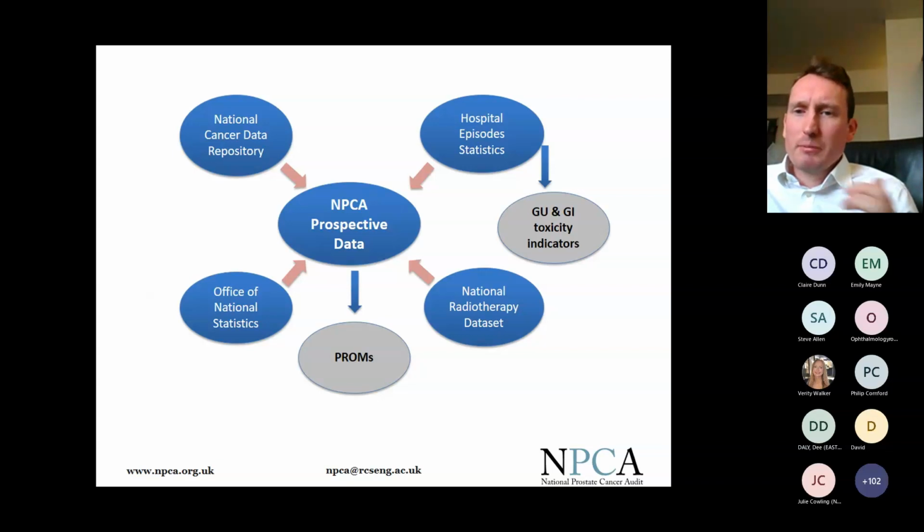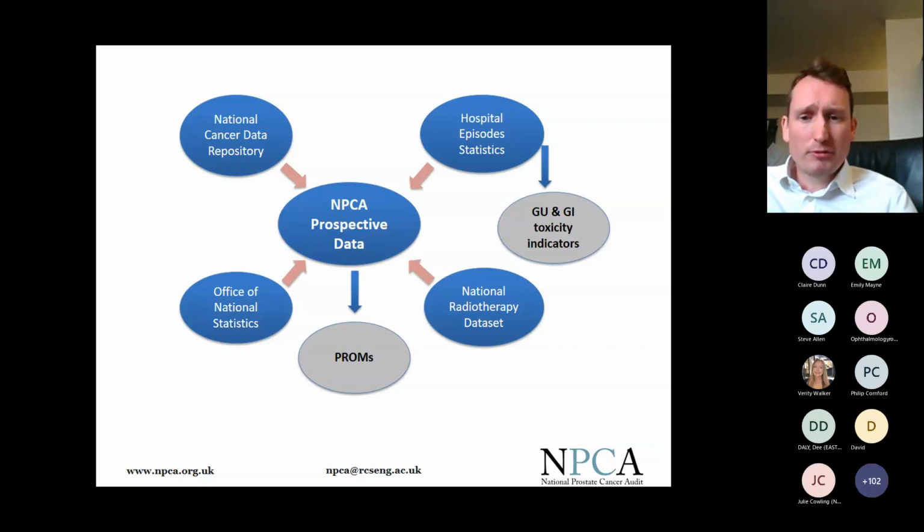So I've given a bit of background about the toxicity indicators, that's the genitourinary and the gastrointestinal toxicity indicators for radiotherapy and surgery. But a really vital point of the National Prostate Cancer Audit is that we also collect patient-reported outcome measures. Since 2014, every couple of years, new waves of patient surveys are sent out to men 18 months after diagnosis.